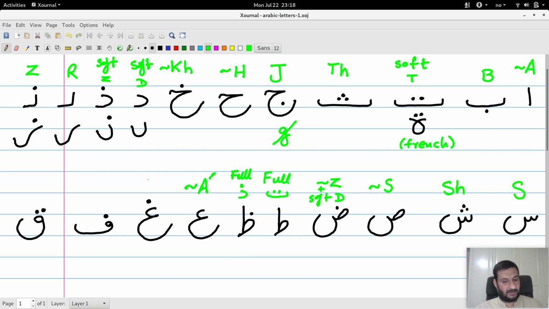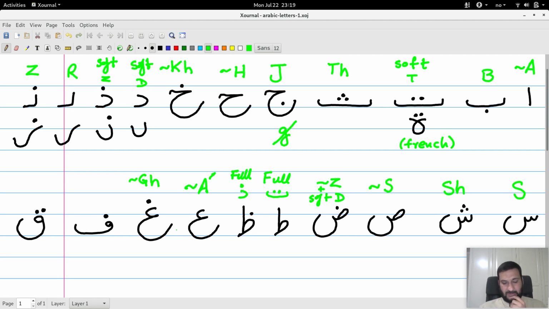Ghain doesn't exist in English, so we have a combination which needs to be interpreted correctly. So G and H can be used to represent ghain, but this is, I would say, closely resembles, because sometimes G and H can be misused. Like in the English language, there are lots of inconsistencies. GH can be used for ghost, so then ghost doesn't have a gh sound in it, right?